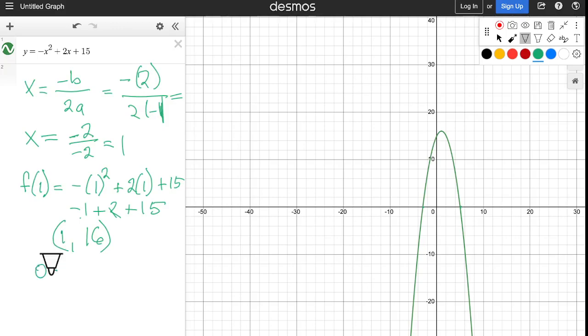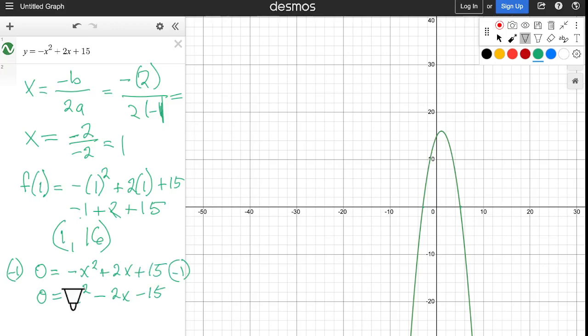So we have 0 equals negative x squared plus 2x plus 15. But I'm going to multiply everything by negative 1, which on the left side, negative 1 times 0 is still 0, so that's good. On this side, if I multiply everything by negative 1, all the signs will change. So negative becomes positive, and a positive becomes negative.